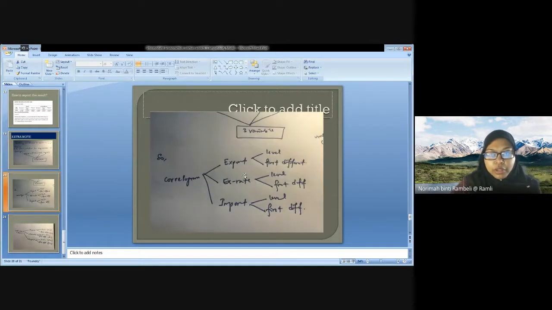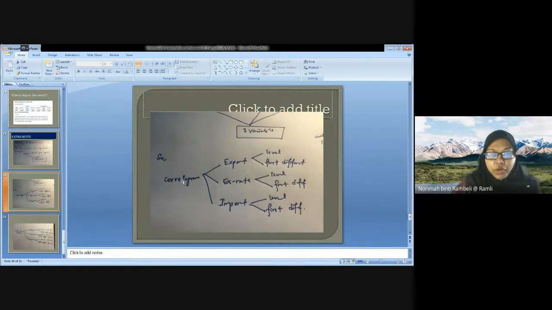According to my graph here, if you have 3 variables, for correlogram you have to do for export, exchange rate and import. For export, you have to do level form and first difference. Exchange rate also, level and first difference. And import also, level and first difference.